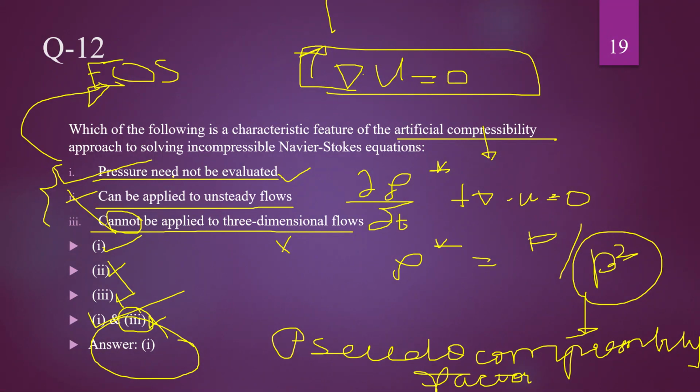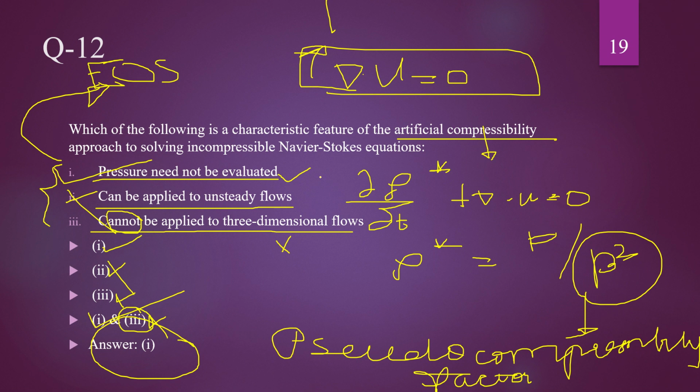So when we are recollecting the approach used to solve the compressible fluid flow, we can remember that pressure was not solved explicitly. It was obtained from the equation of state. So this first statement is the only correct one.